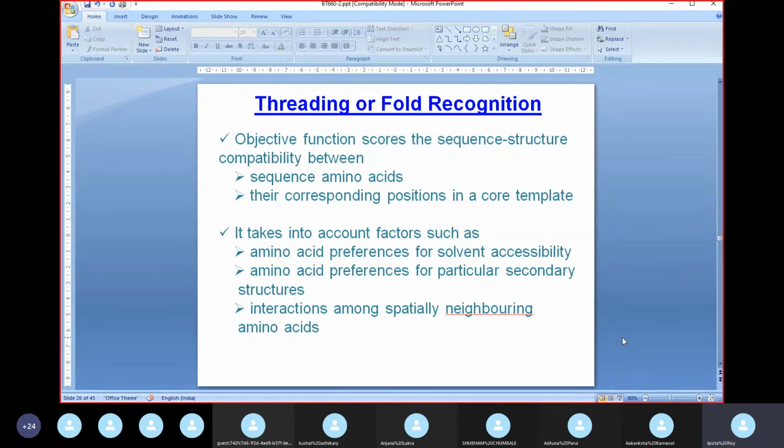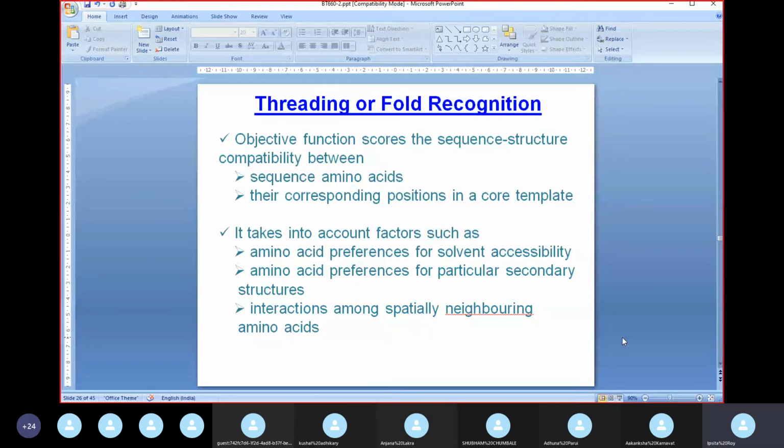So one reason is that there are only 1000 folds in all of those different structures of proteins that are available in the PDB database. Second is that over the last 3 or 4 or 5 years, of all the structures that have been deposited in the PDB database, more than 90% of them follow the known folds that are already reported.